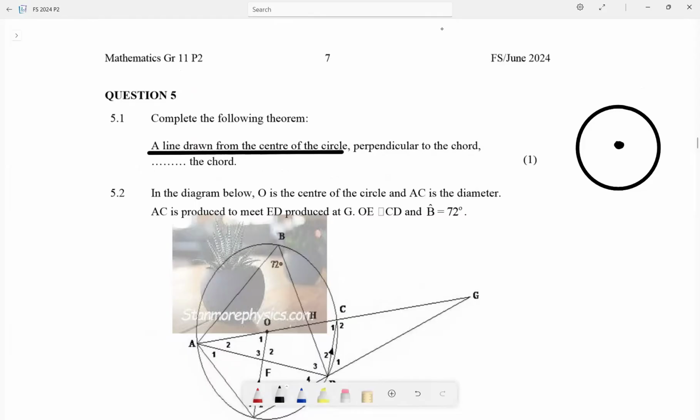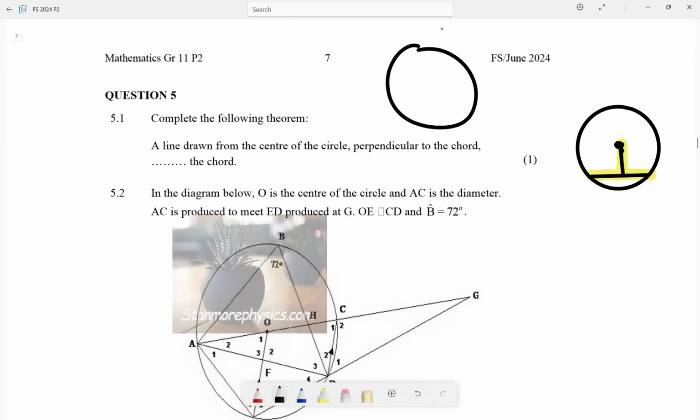Can you see the center of the circle? A line drawn from the center of the circle, perpendicular to the chord. Now we'll have a chord. Can you see a line drawn from the center of the circle? Here's that line, perpendicular to the chord. What does it do to the chord? It bisects the chord. Okay?